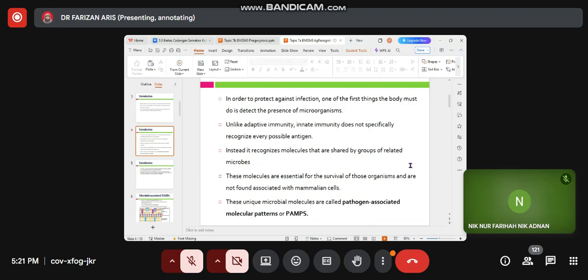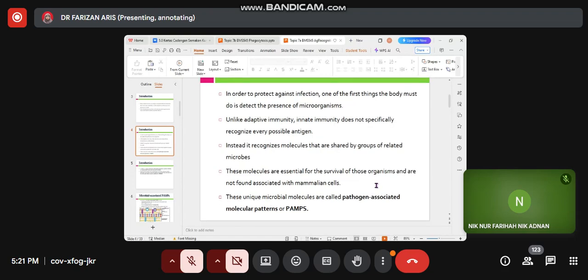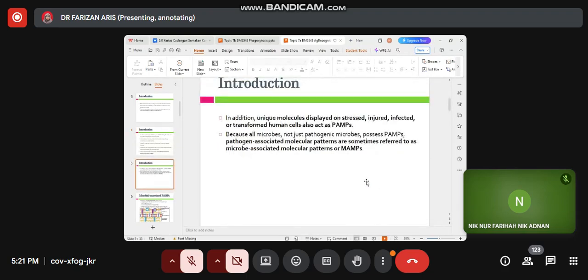If the immune system encounters any bacteria or any fungus, for example, they will know that it is a foreign material based on a certain molecular pattern of the pathogen. So it's called PAMPs. And we also know that certain antigens, apart from the foreign material, could be from our own tissues, right?